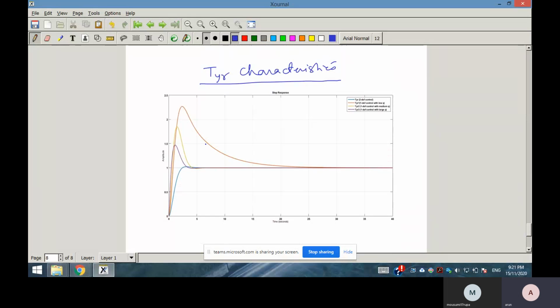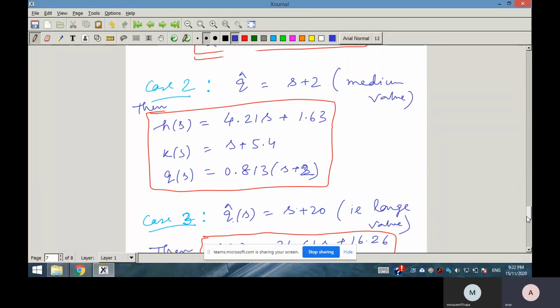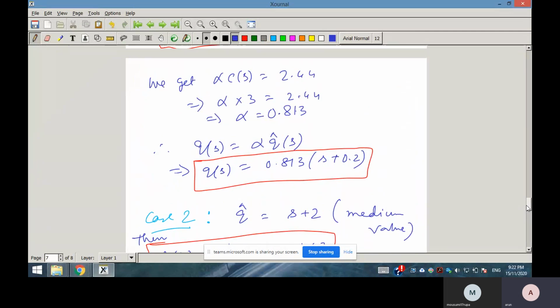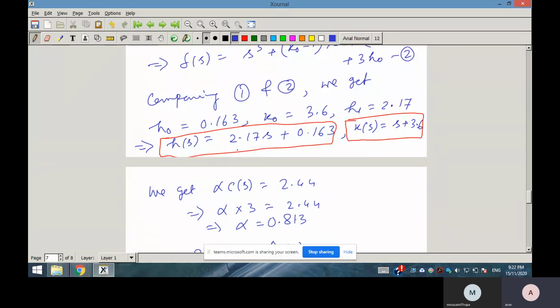So you can see, using 1 degree of freedom you can never achieve a desired response, because you can easily see everywhere the roots of H S are very close to the imaginary axis.